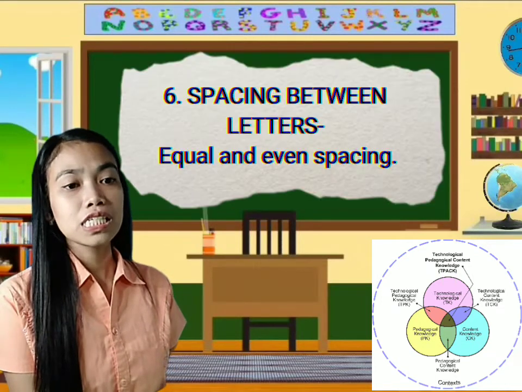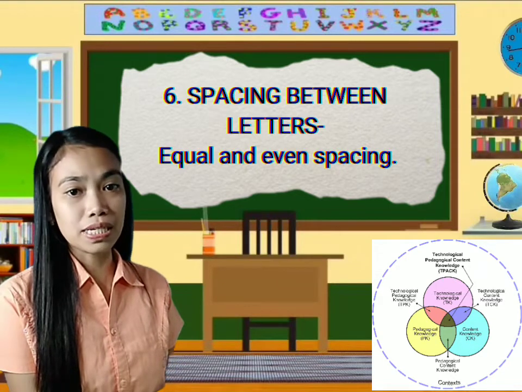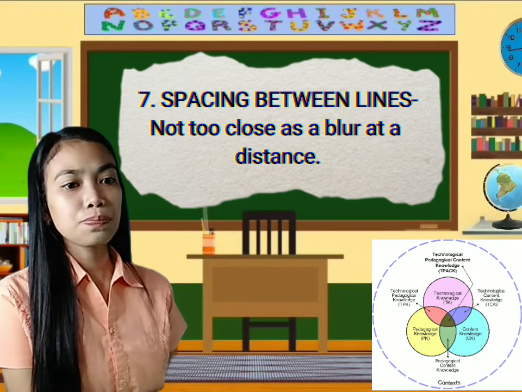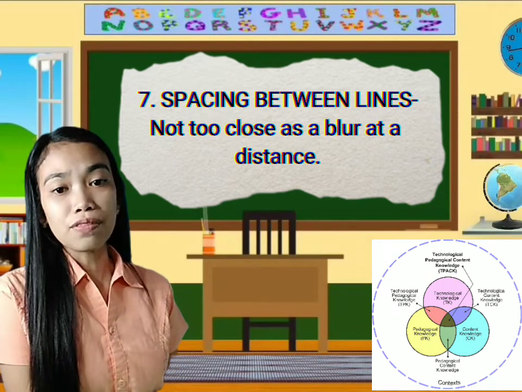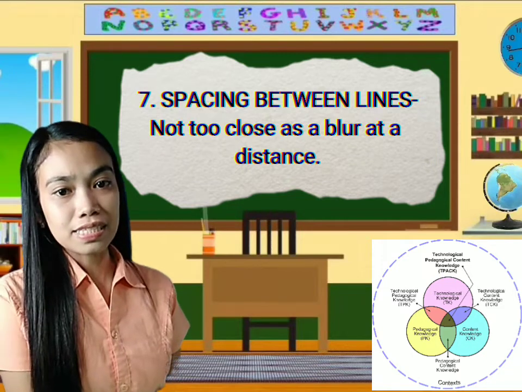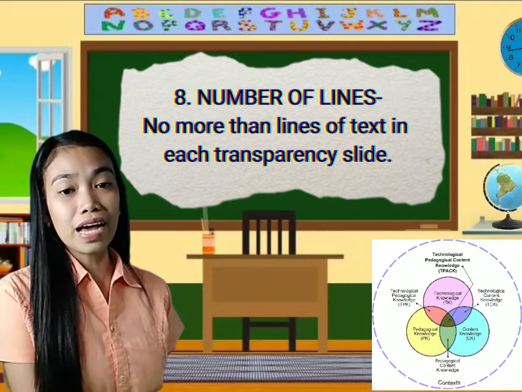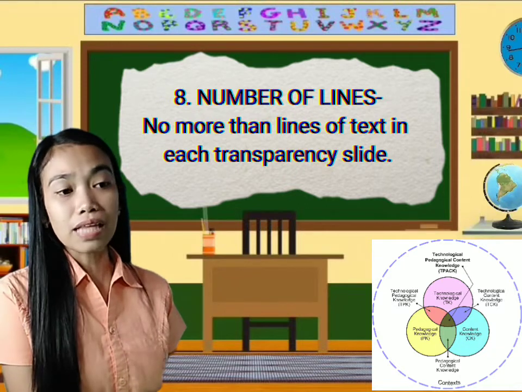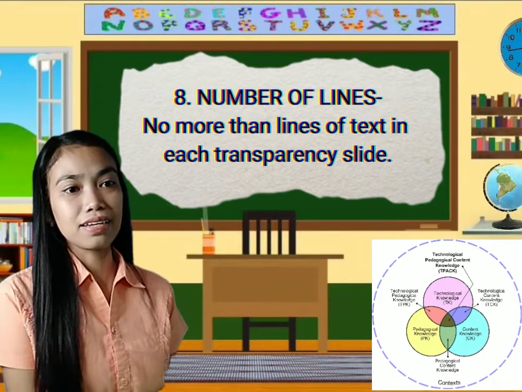Number 6, spacing between letters: equal and even spacing. Number 7, spacing between lines: not too close, as it blurs at a distance. Number 8, number of lines: no more than 8 lines of text in each transparency or slide.